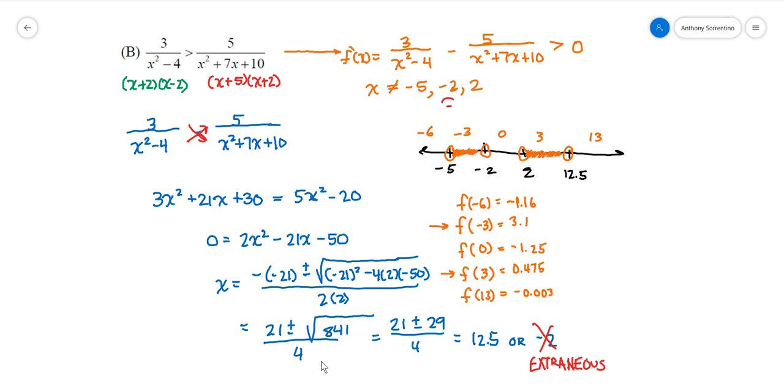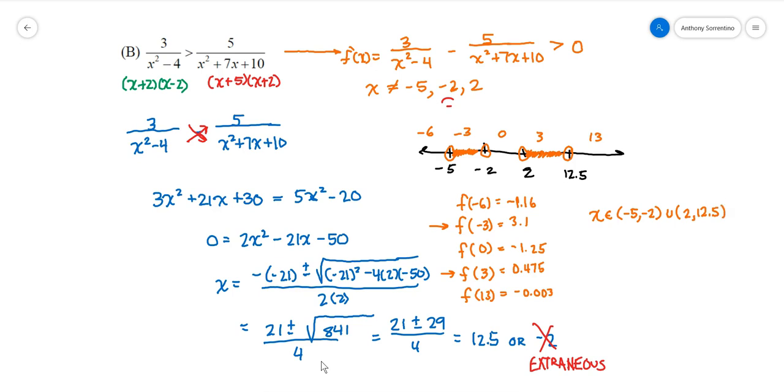That represents my solution. So my solution is, again, I'm going to write it in both forms. I can write it in interval notation and just say it's from -5 to -2, or 2 to 12.5.